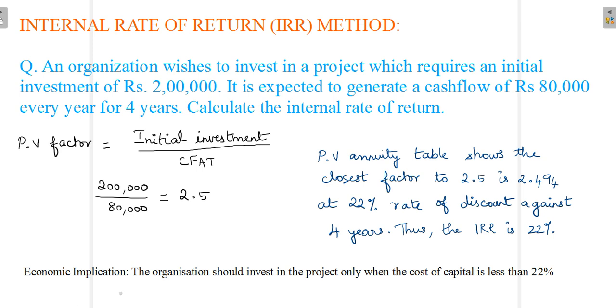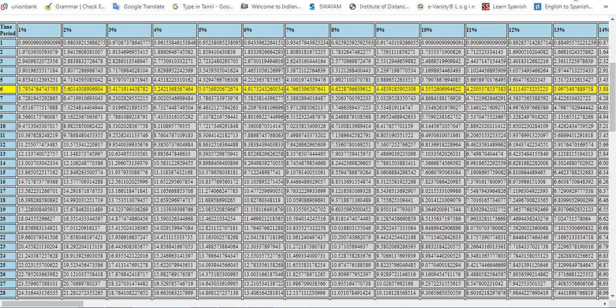So here initial investment is 2 lakhs divided by cash flow after tax 80,000, which is 2.5. After we have determined the PV factor 2.5, we know that the cash flow is for 4 years.